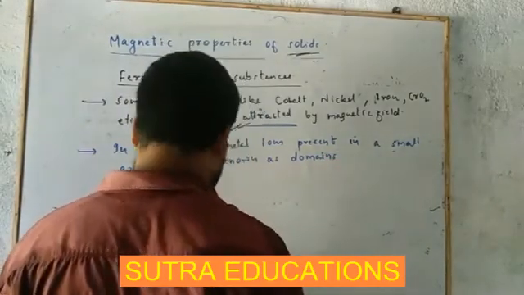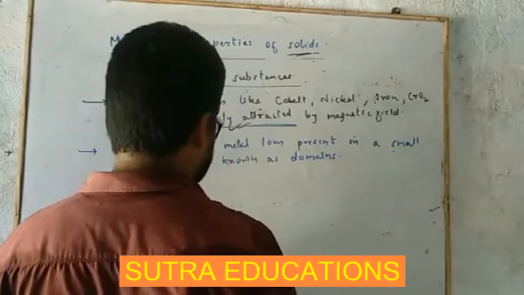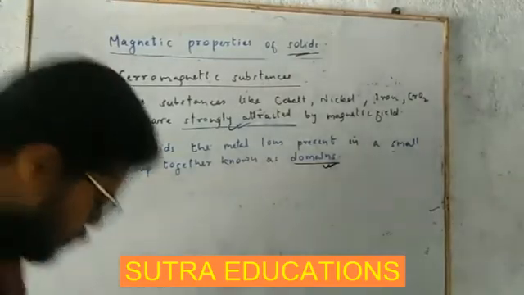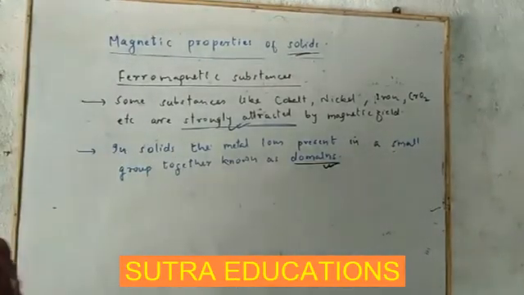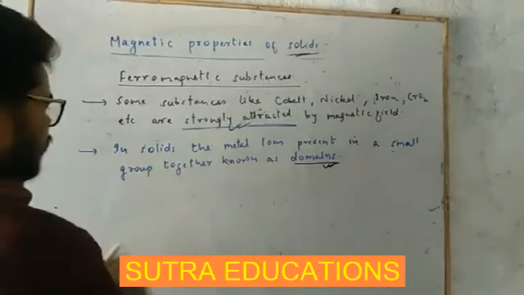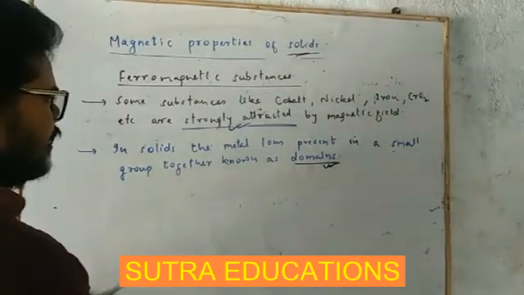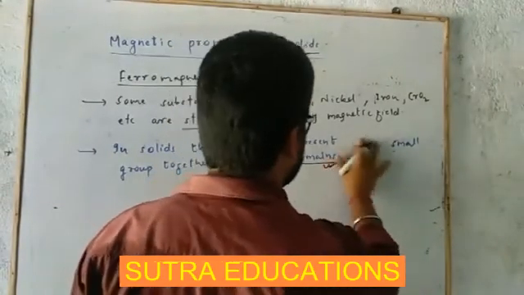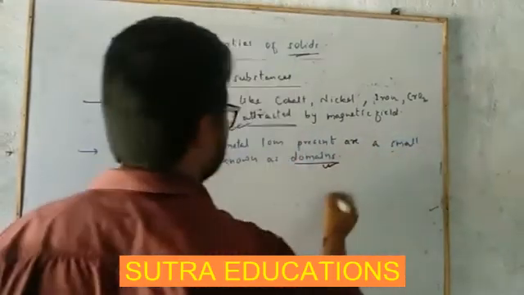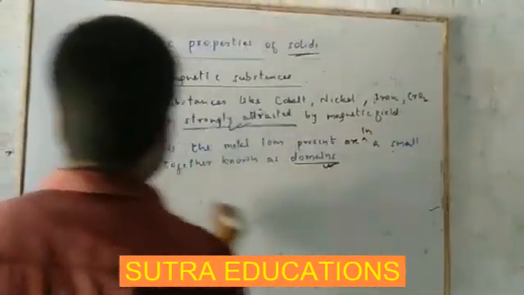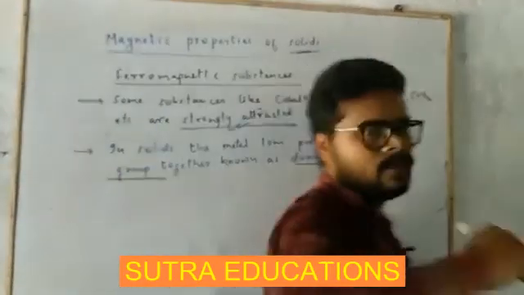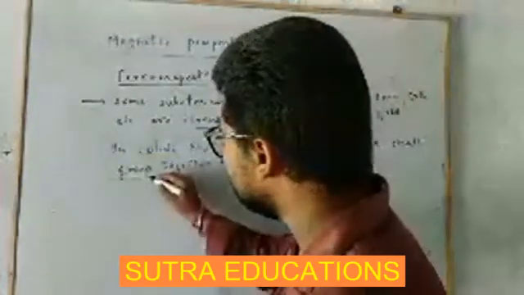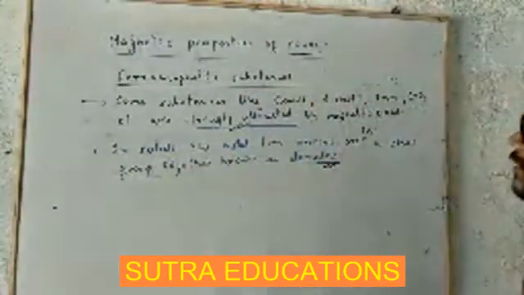Okay, so in solids the metal ions are present in a small group, or we say in small range, and these are known as domains.